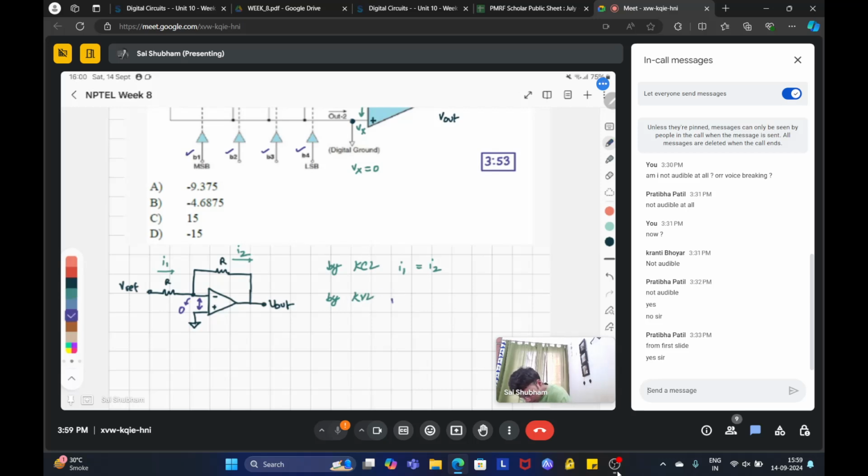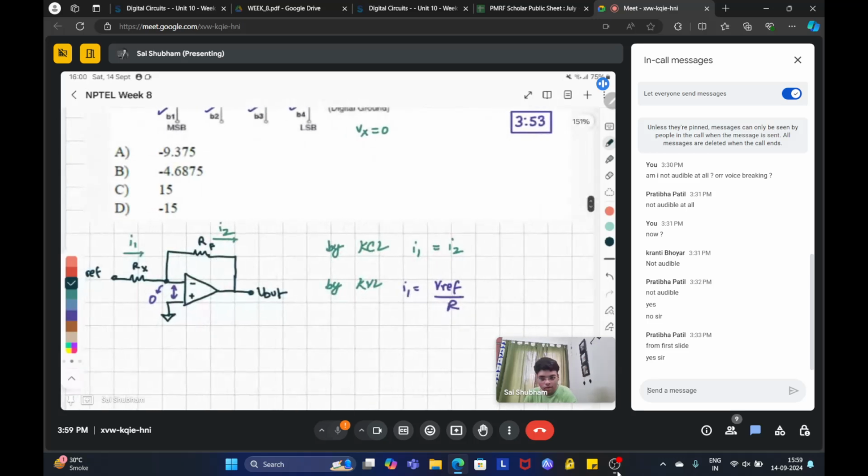I1 can be written as V reference by R. Let's call it Rx. Okay. And this is Rf. I hope this is visible to everyone. So I1 is Vref by Rx.